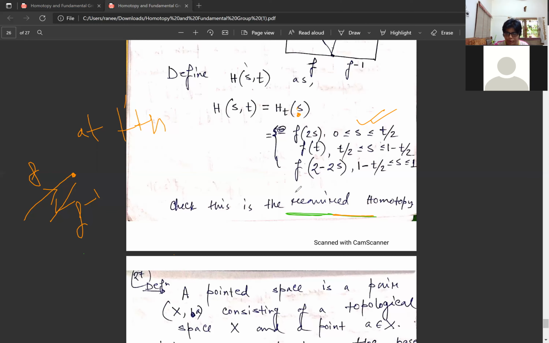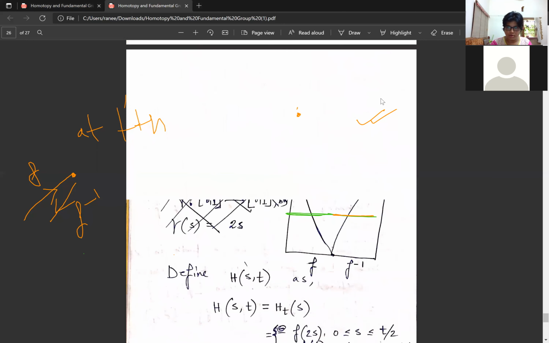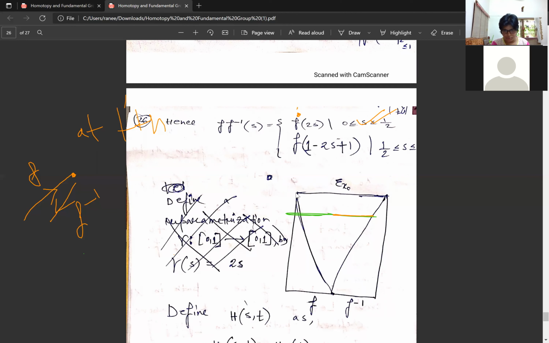So how to explain it in that way? You are moving some part of the path, that's what the picture shows. First you are just sitting here, and then you are moving right over the point t.